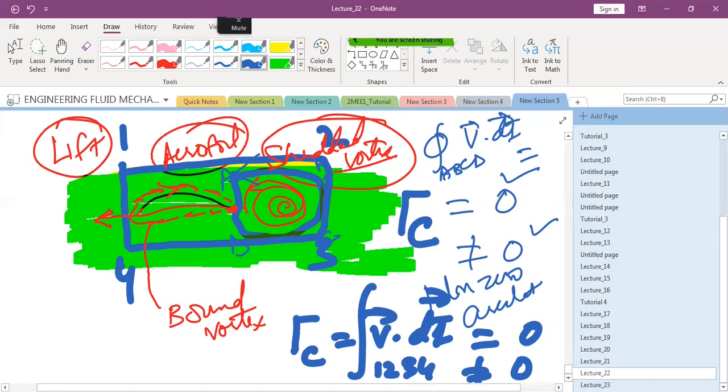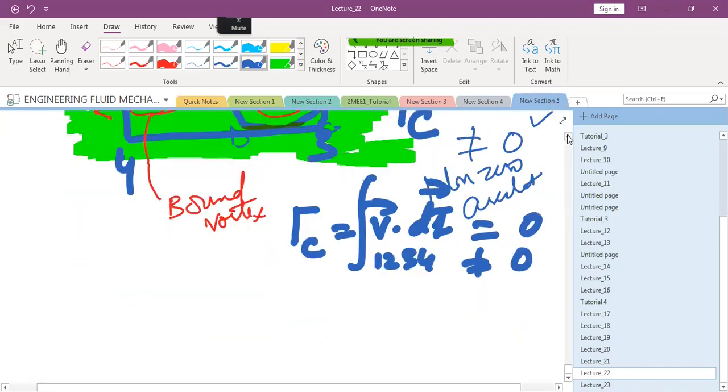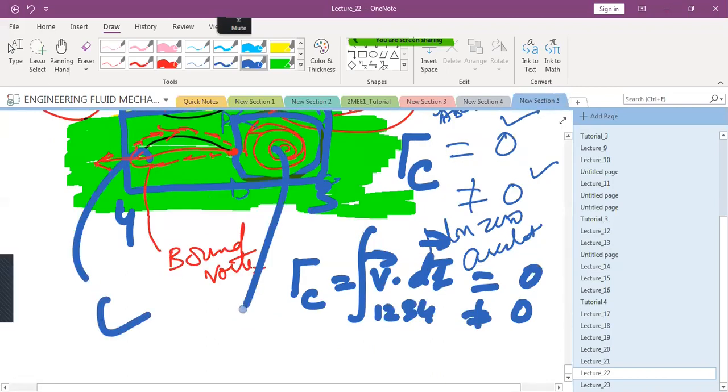Why? This is in clockwise direction, and this is in counterclockwise direction. So the net circulation inside is zero. Are you clear? Any doubts?